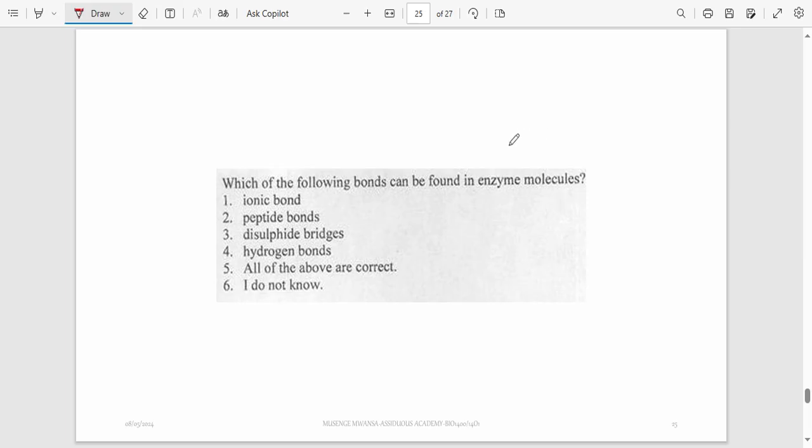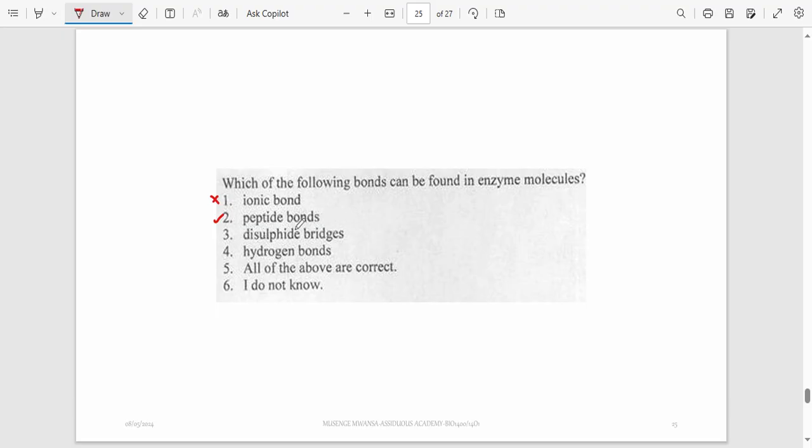That's the surface. Which of the following bonds can be found in enzyme molecules? Ah, this one if you fail. Ionic bonds, are they found in enzymes? Someone has said no. Peptide bonds, are they found? Someone has said yes.